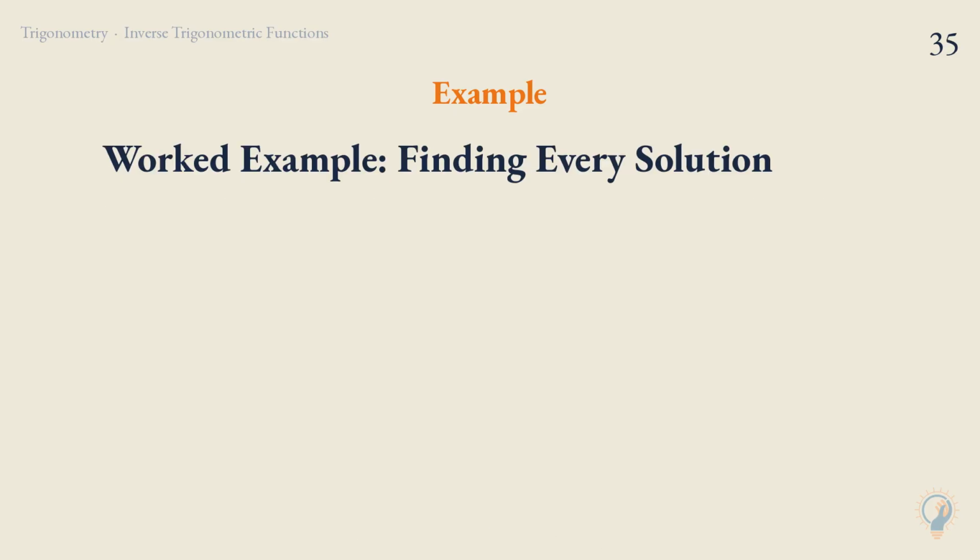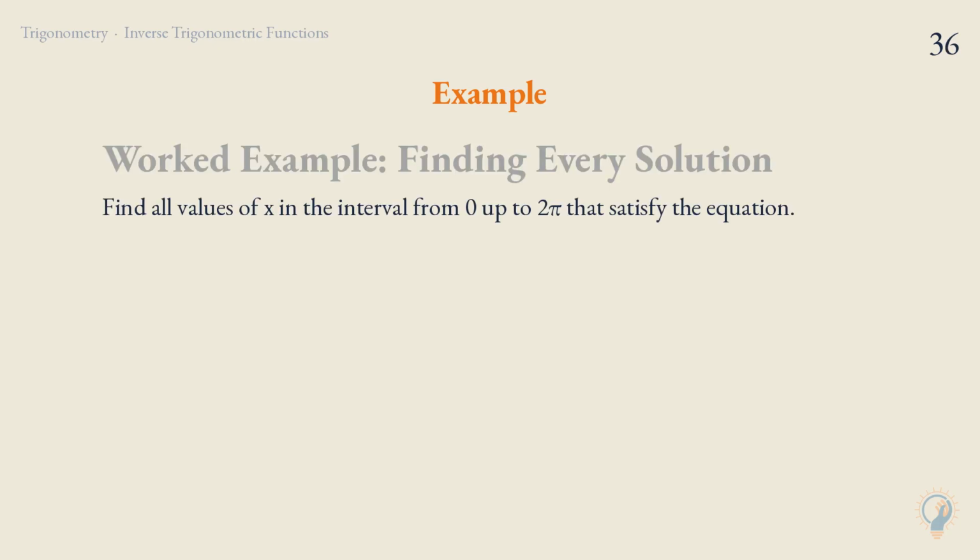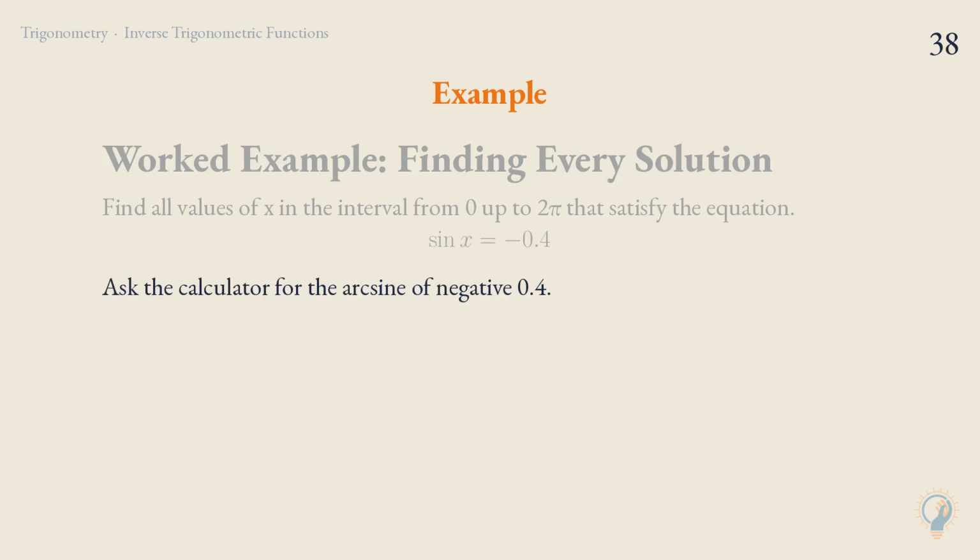Worked example: finding every solution. Find all values of x in the interval from 0 up to 2 pi that satisfy the equation sine x equals negative 0.4. Ask the calculator for the arcsine of negative 0.4.